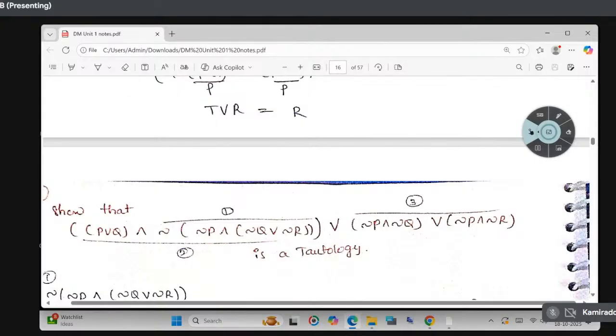First solve the first equation, then the second equation, then the third equation, then go for the complete solution.